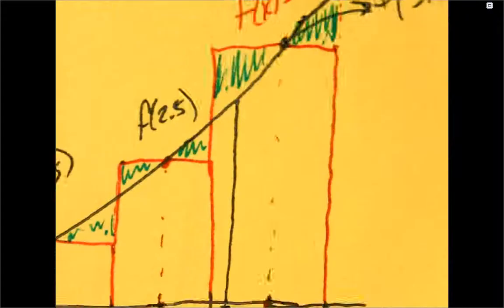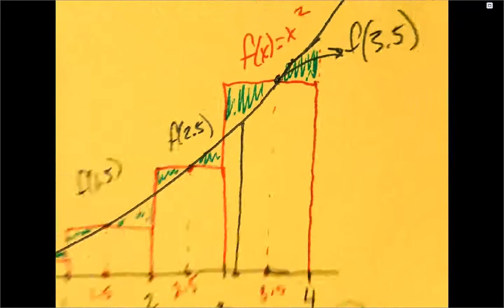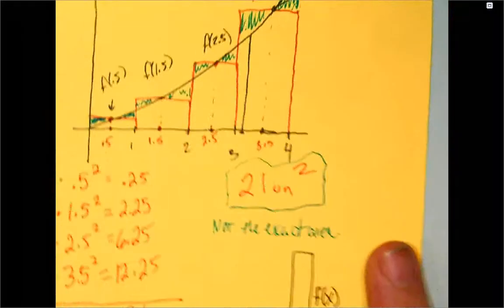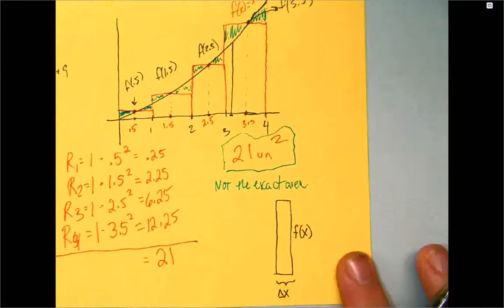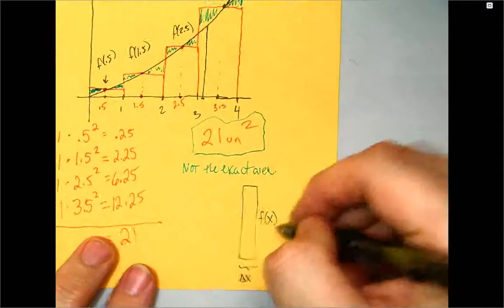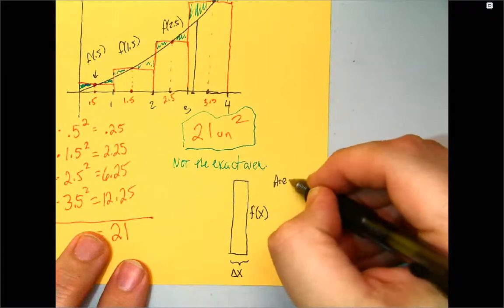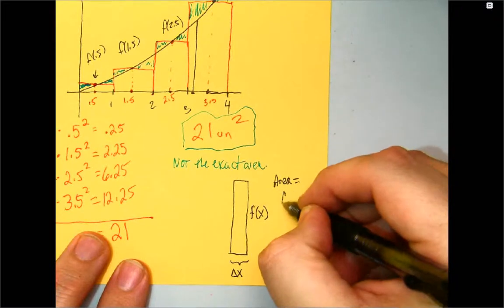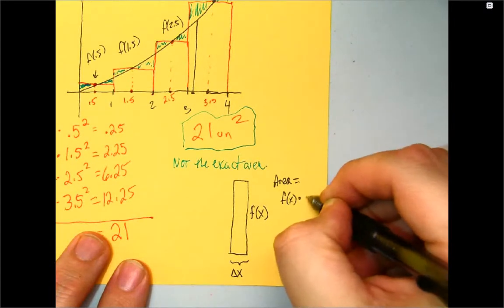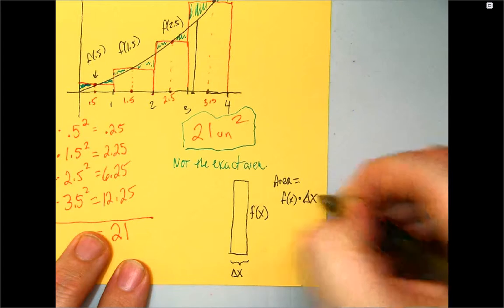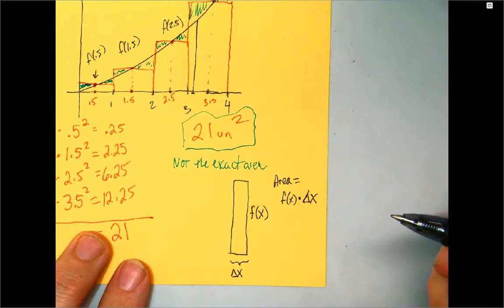And now, what would be the area of this rectangle? f of x times delta x. And how are we going to figure out the area? Add them all up, right?